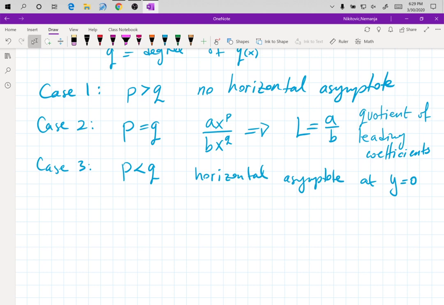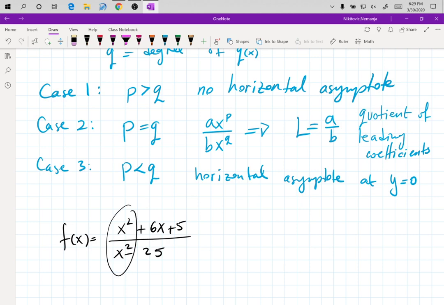So if I go back to the example we had earlier, x squared plus 6x plus 5 divided by x squared minus 25, we look at the leading terms.